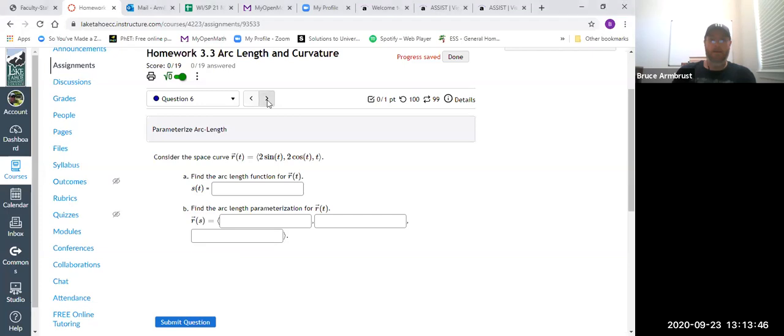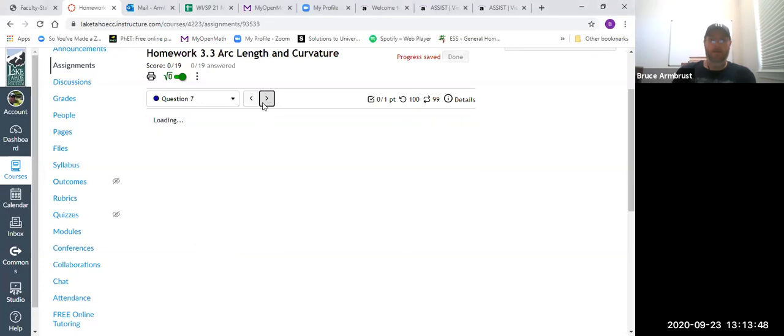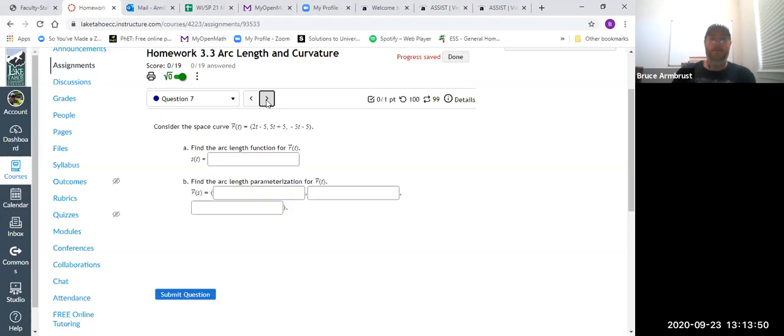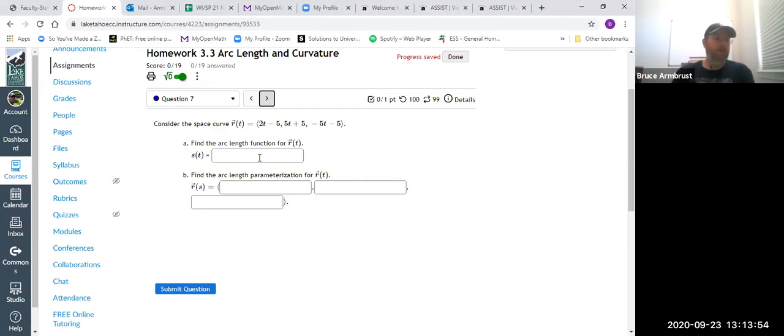So let's see, 7. Right, very similar idea. Just this time, obviously, what we're going to be integrating is a little bit different. So let me at least just get us kind of started. So you're going to start by finding your R prime, right?